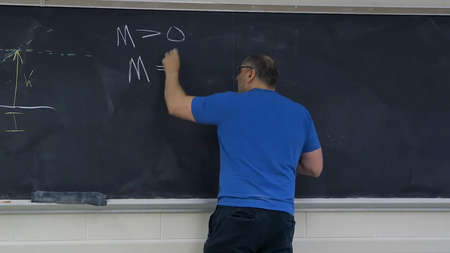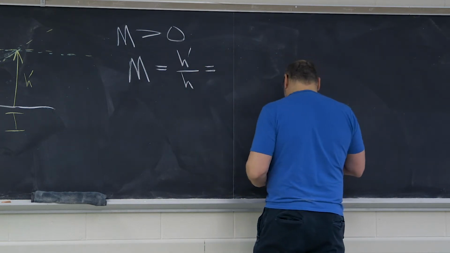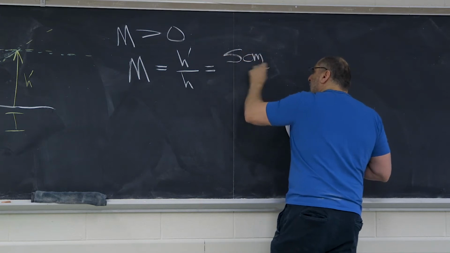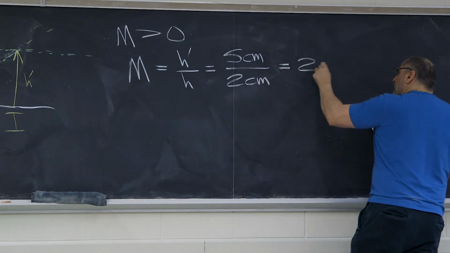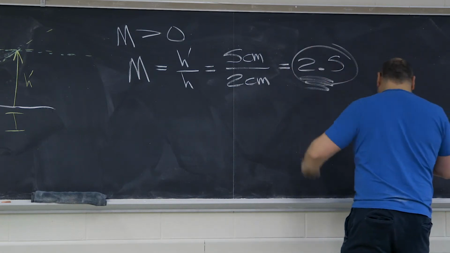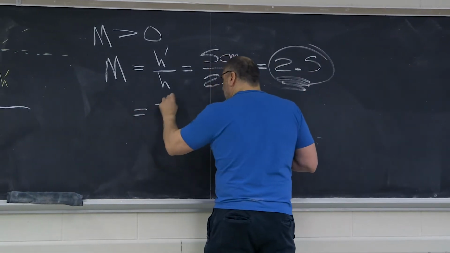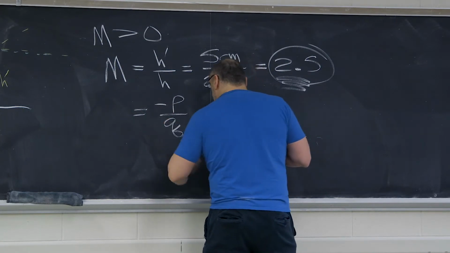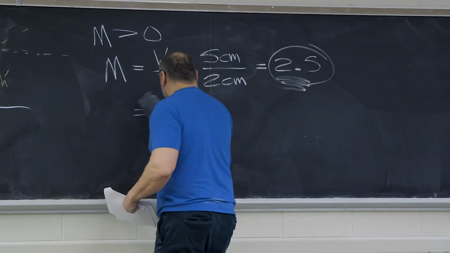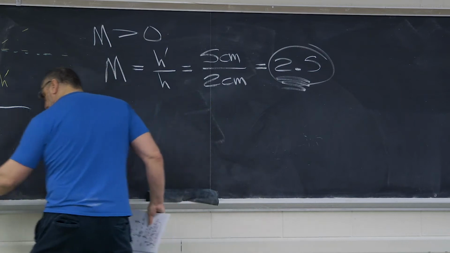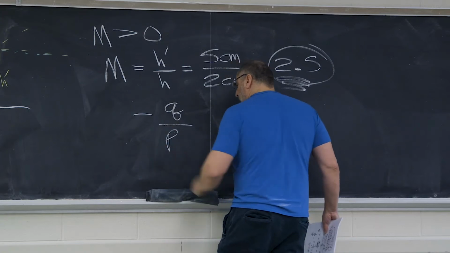Let's take what they gave to us. We got h prime over h, which is, didn't they say it was 5 centimeters high over 2 centimeters? That's 2.5. That's the magnification factor. Of course, all this is equal to negative q over p.